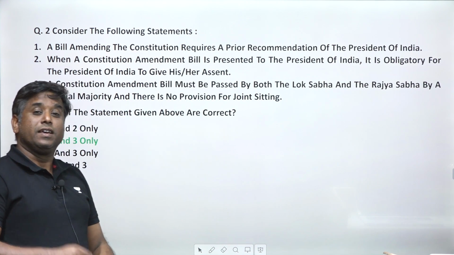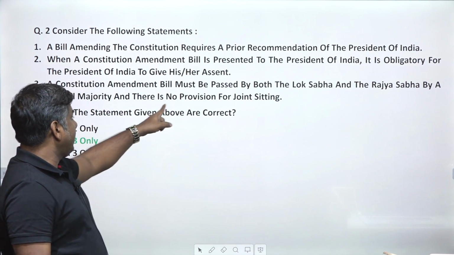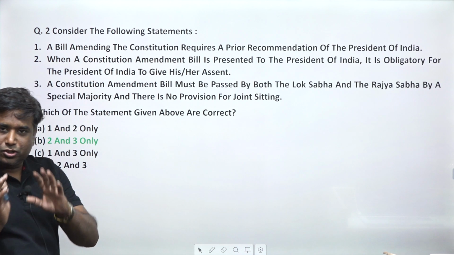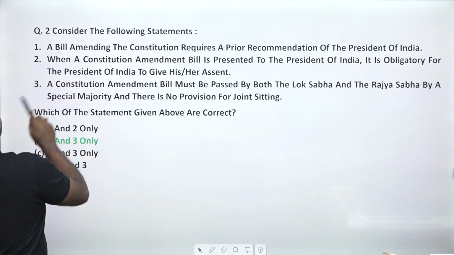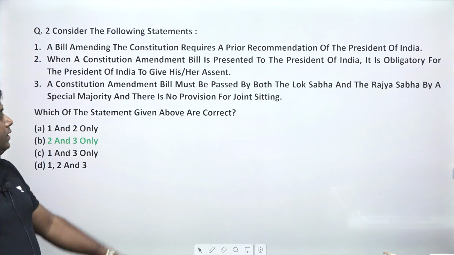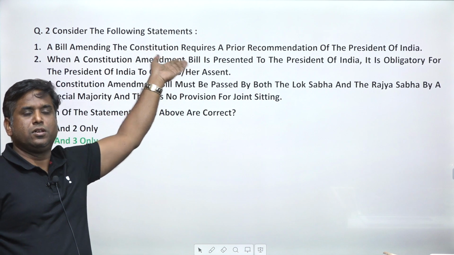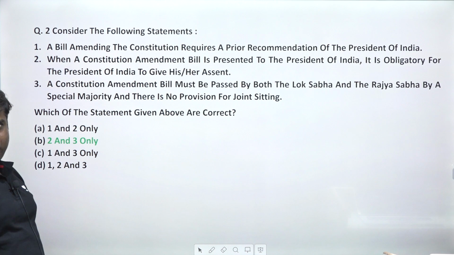As I said, it has a specific procedure to pass it. That is why joint sitting is not required. So, in a nutshell, statement 2 is considered correct and statement 3 is considered correct. Statement 1 is incorrect because there are 6 bills which require prior recommendation of the President.